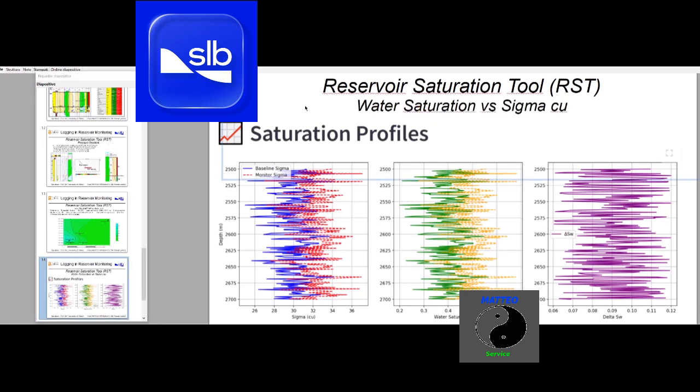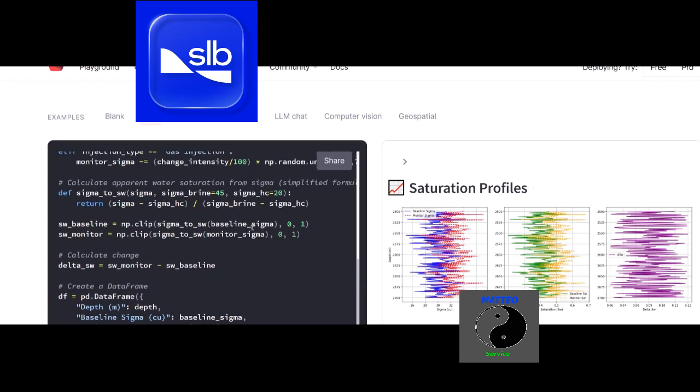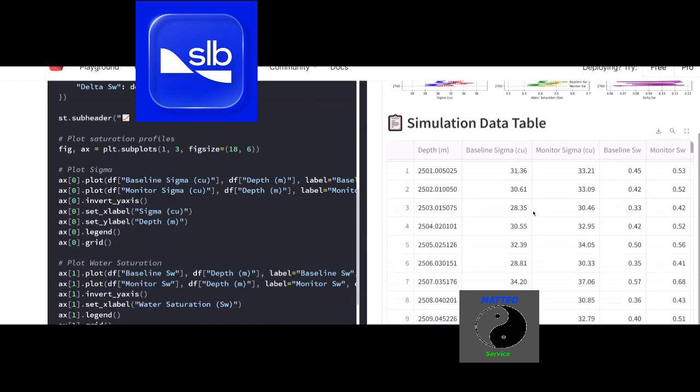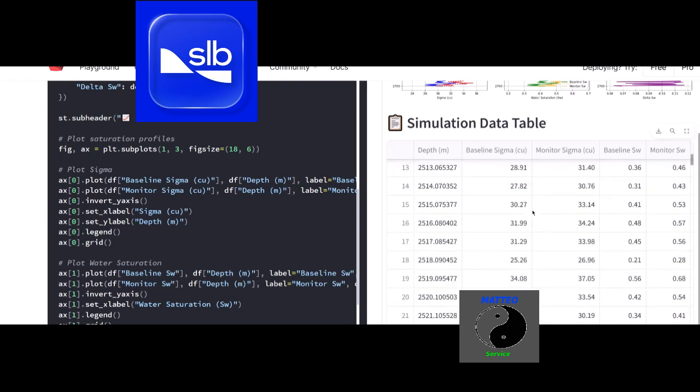The typical results of these kinds of logs are three types: delta SFU, water saturation, and sigma. We have also started developing a web application based on Python that still uses simulated data, baseline sigma and SSV.